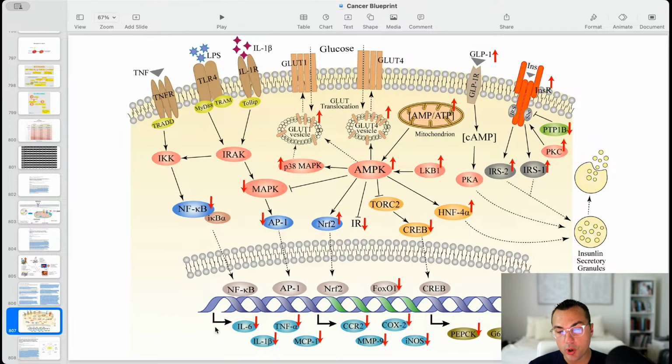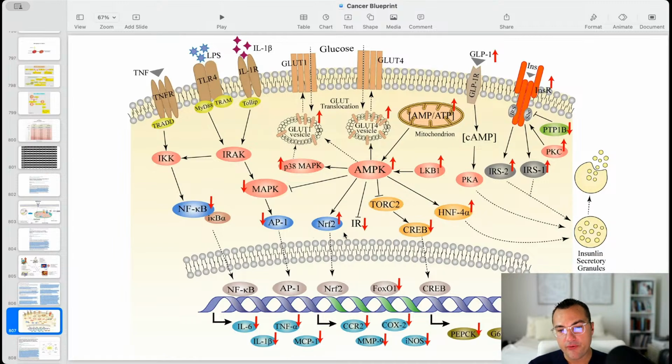Very important pro-inflammatory cytokines. It's going to have effects on MAPK. It's going to have major effects on the AMPK system, as we've talked about throughout this. And that's going to have important effects on the NRF2 pathway.